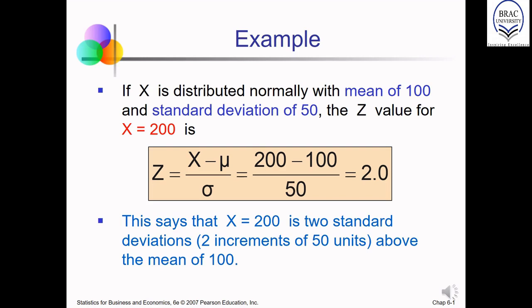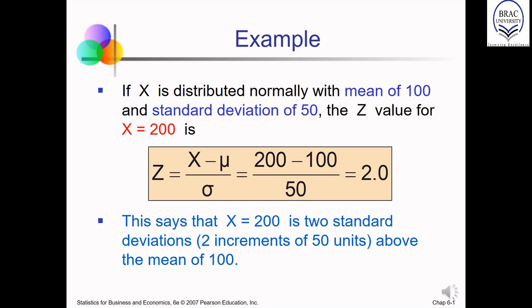Hello everyone. Remember this example that I was showing you in the last lecture? So X is a normal distribution with mu 100 and standard deviation of 50. We converted or transformed the normal distribution into a standardized normal distribution, and we got our Z value equals to 2.